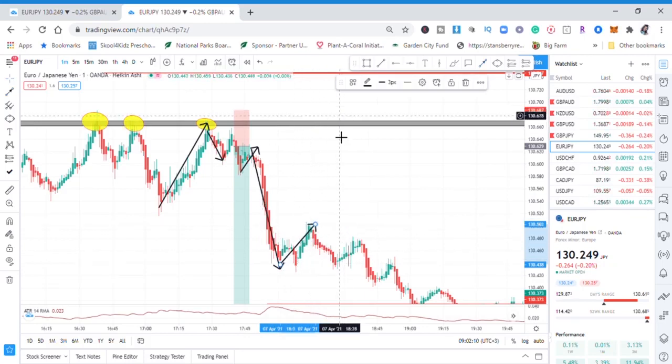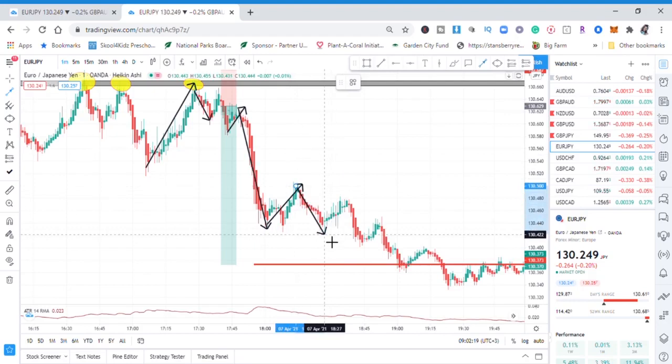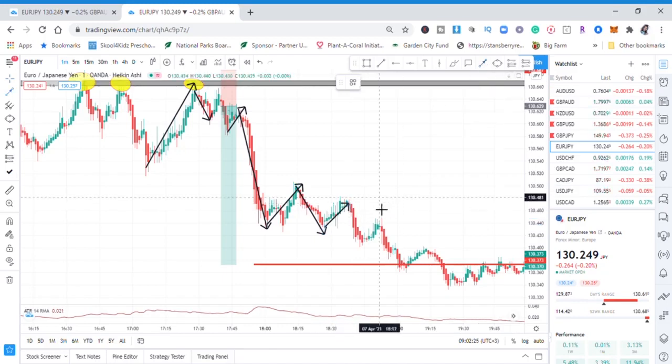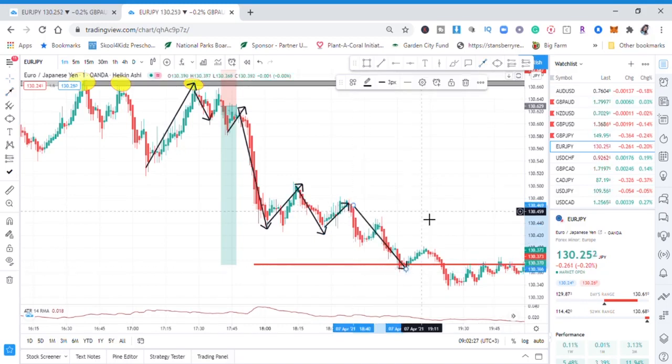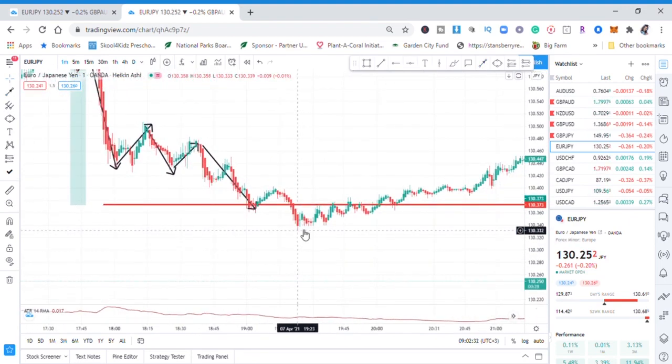So the buyers are trying to come into the market. They are creating low highs, and that is why our confidence is coming, because this is price action. The buyers have been defeated. So because we are on the sell, all we need to see is that the sellers are continuing to create low lows and low highs.